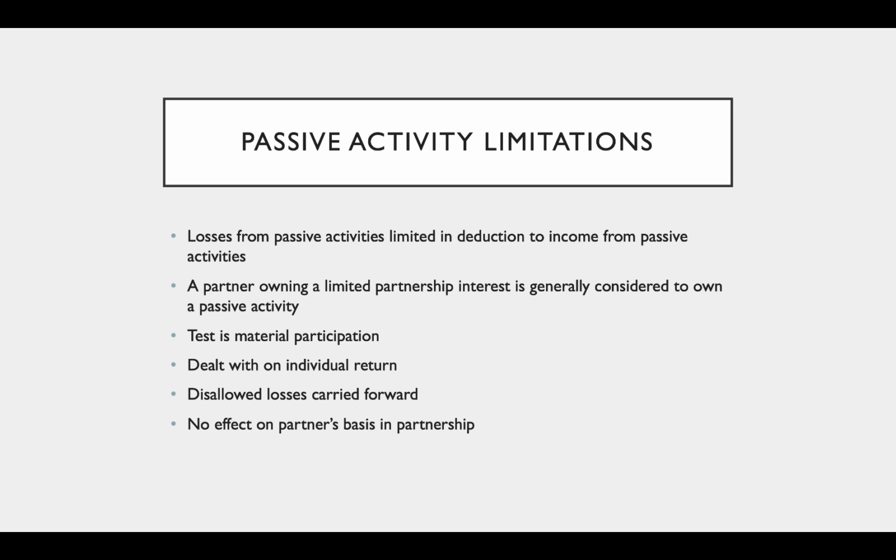But the losses are going to flow through and then they're going to be dealt with on the individual return. If the investment in the partnership is a passive activity, those losses are going to be limited to income from a passive activity. Any disallowed losses are going to be carried forward. This is not going to have an effect on the partner's basis in the partnership. It's going to flow through and then the losses are going to be carried forward until the partner can use the losses.